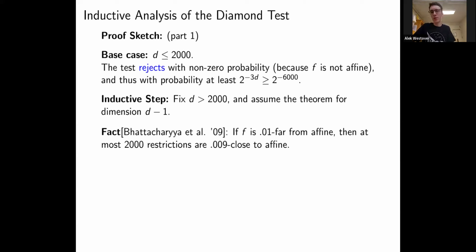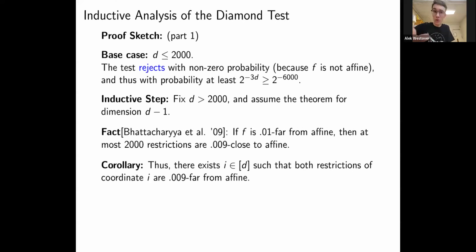If f was close to affine on a lot of restrictions of a single coordinate, then there should be some way to say that f is close to affine. So using this fact, we deduce, because our dimension is large enough, that there is some coordinate where the restrictions of f are both far from affine.